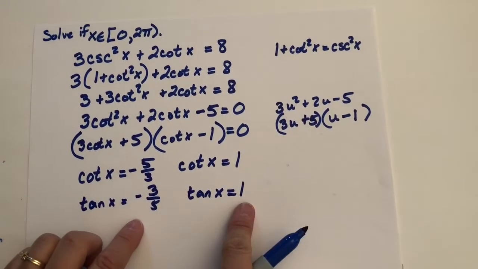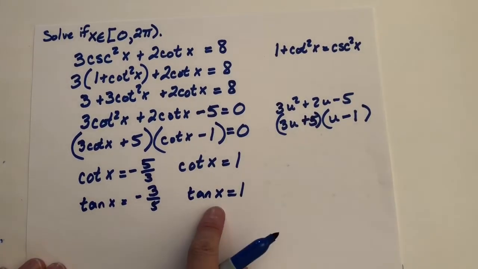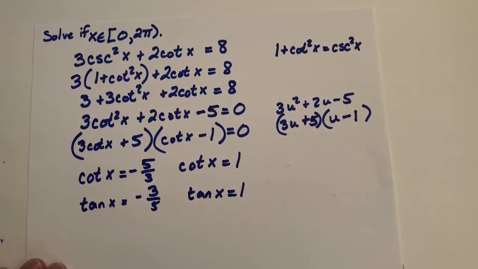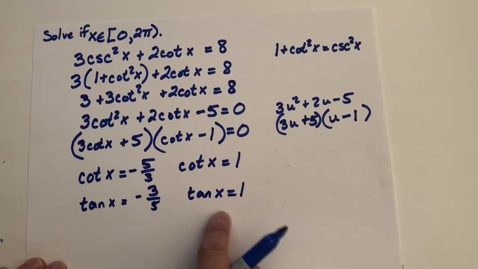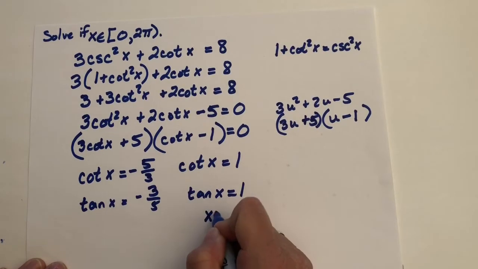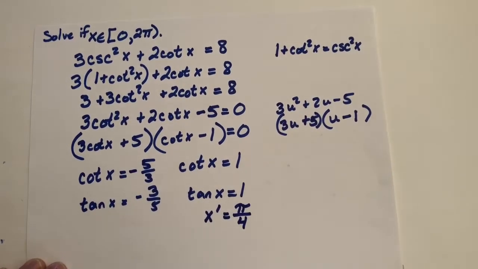Now, when you're looking at these, do pay attention as to whether it's something you're expected to know without your calculator. This one should look familiar to you. And we know that the reference angle for this one is pi over 4, so I shouldn't need my calculator for that.